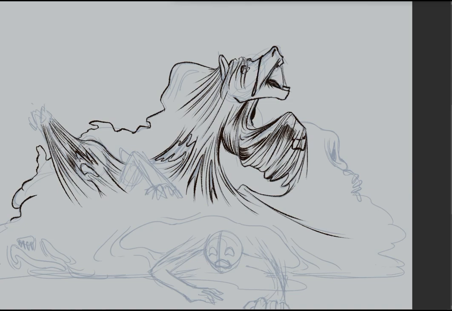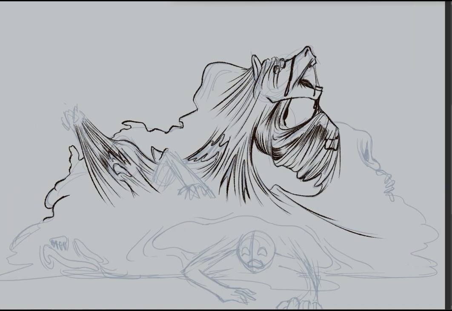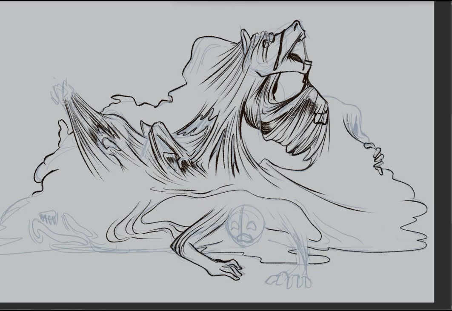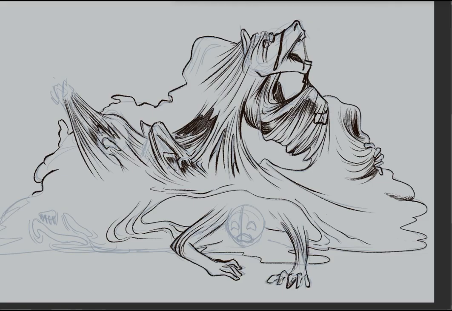Other definitions of brood include a group, like a brood of vipers or a brood of hens. So not only do you have the attitude of brooding, but then you have the brood, so there are multiple figures pulled into this.